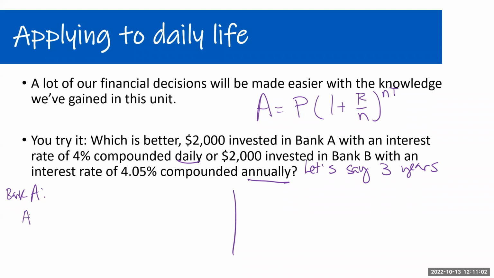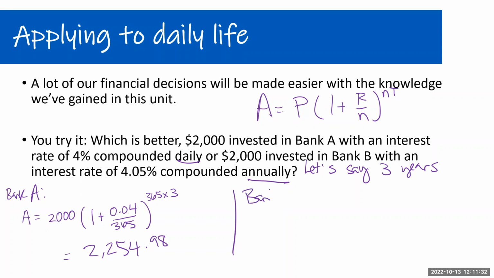Your total balance at the end of 3 years is going to be that $2,000 that you initially invest times 1 plus 0.04, because that's that rate. Daily is 365. 365 times 3 years. We put that into our calculator. At the end of 3 years, we're going to have $2,254.98.